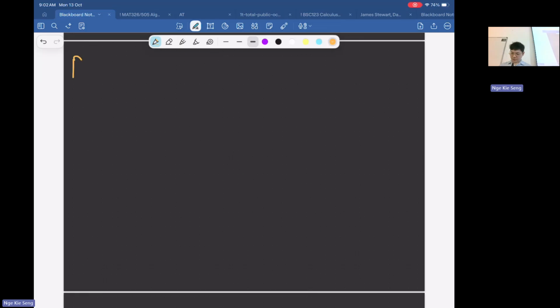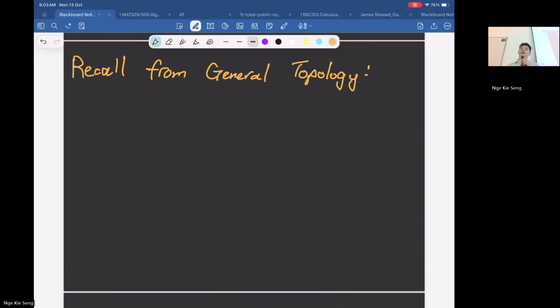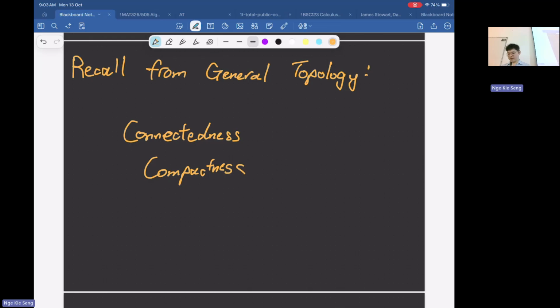So if you recall from general topology, we can check that two spaces are homeomorphic by using connectedness and compactness. Do you still know how to prove homeomorphism using this?